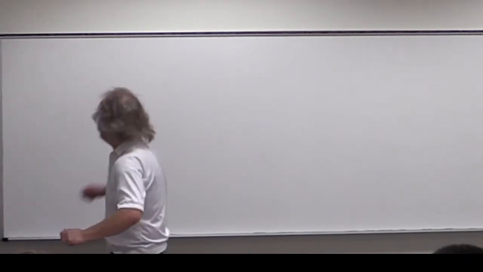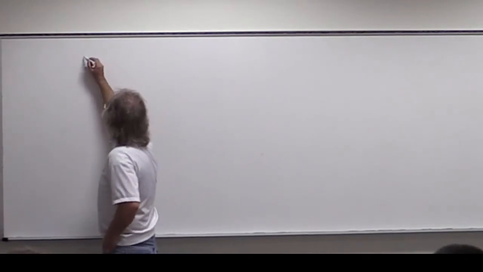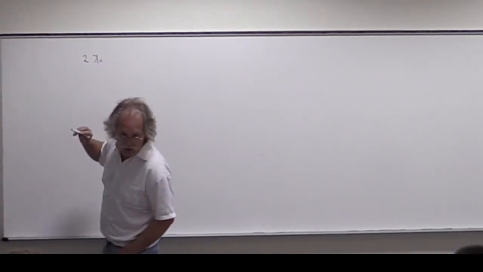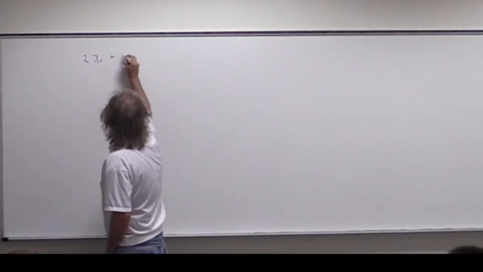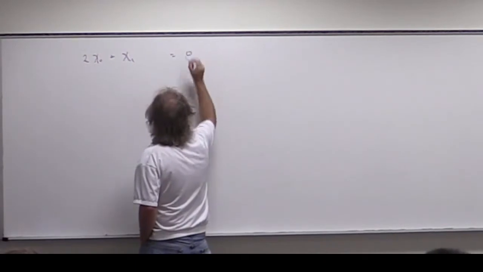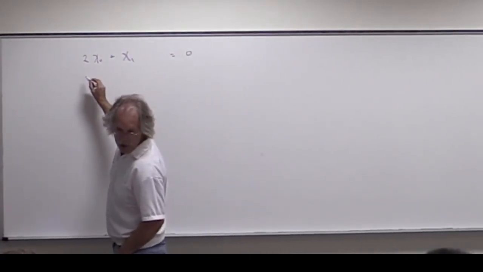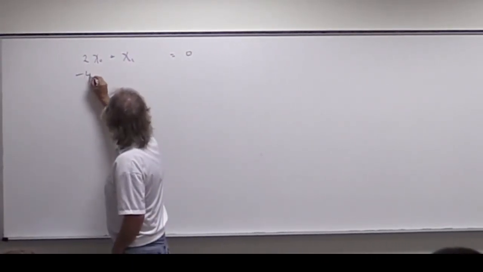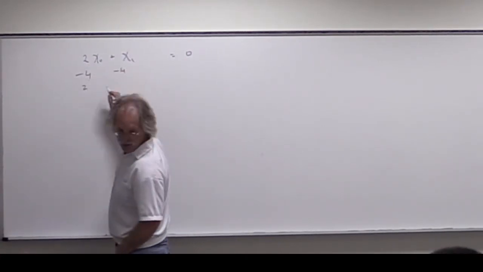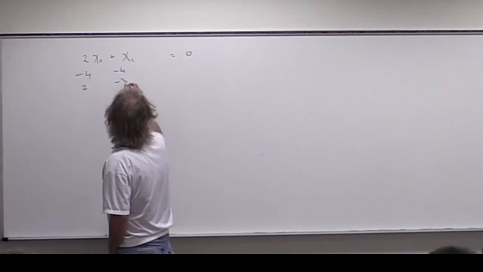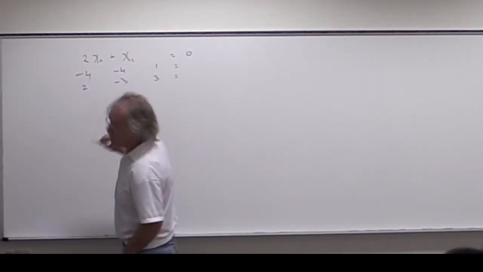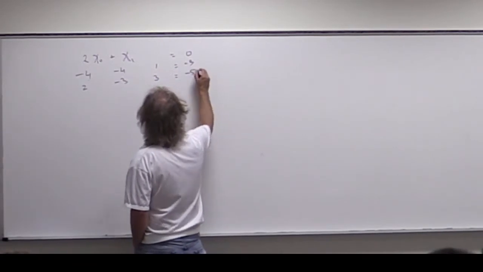And now what we have is, recall that if you have 2 times chi0 plus chi1 is equal to 0, and then, let's just write it down, minus 3, 2, minus 4, minus 3, 1, 3, and 0, minus 3, minus 5.